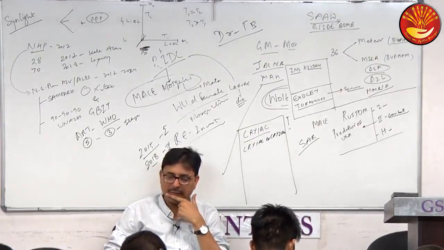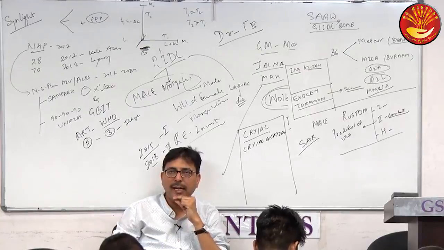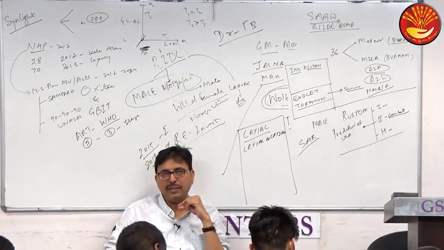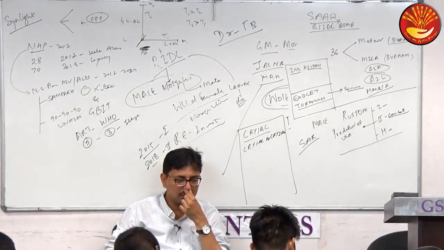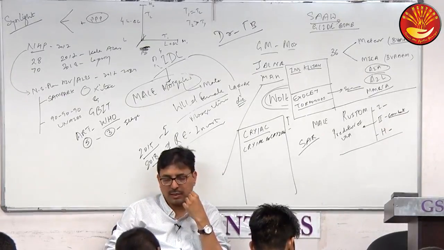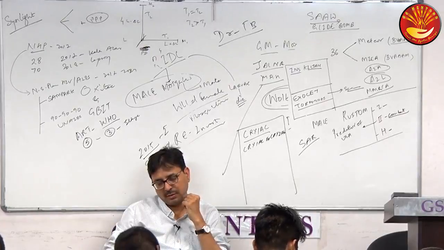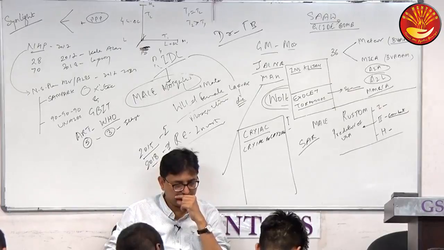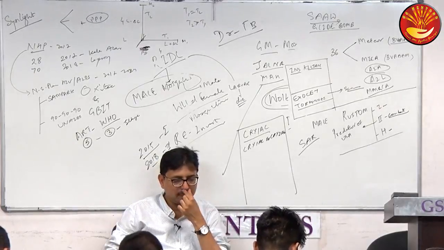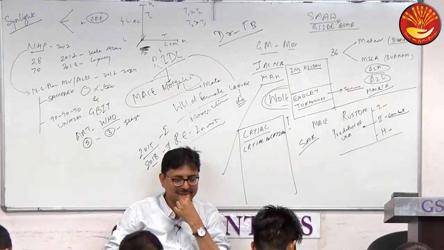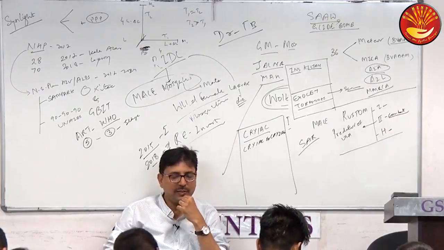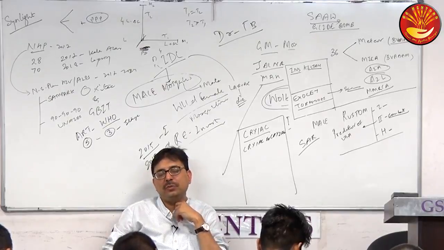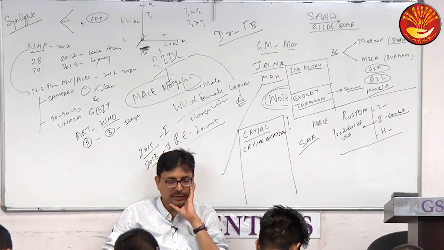In that phase, TB was declared a notifiable disease. The second phase is from 2017 to 2025.